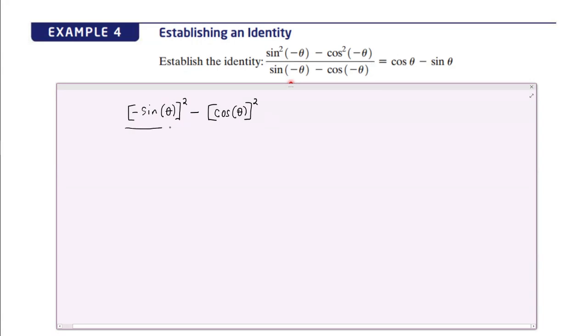And then down here, we're going to use both those properties again. So I'm going to bring the negative out in front of the sine. And then we're subtracting. And the cosine of negative theta is equivalent to the cosine theta.